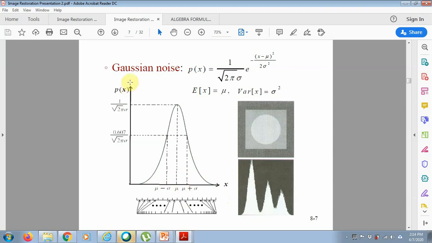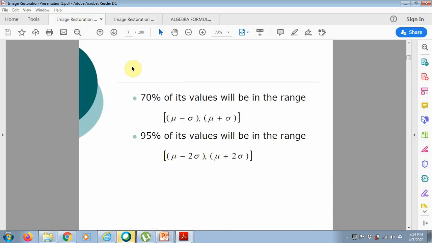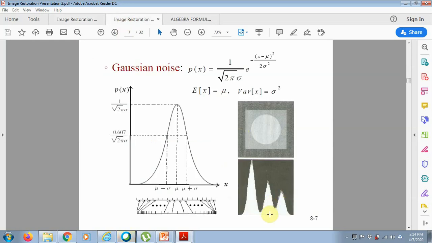In some books, about 70% of its values will be in the range of mu minus sigma and mu plus sigma, and 95% of its values will be in the range of mu minus 2 sigma and mu plus 2 sigma.